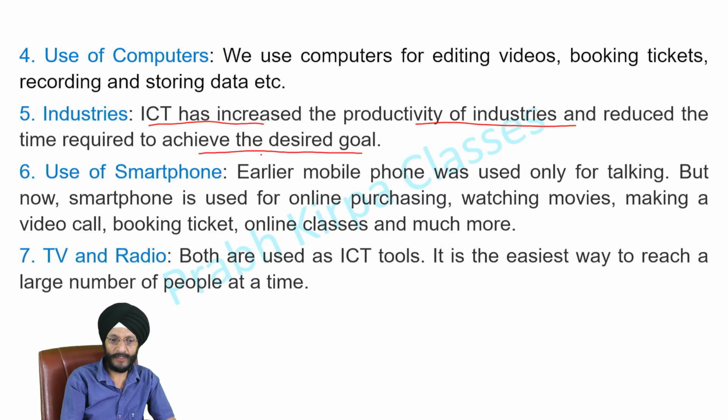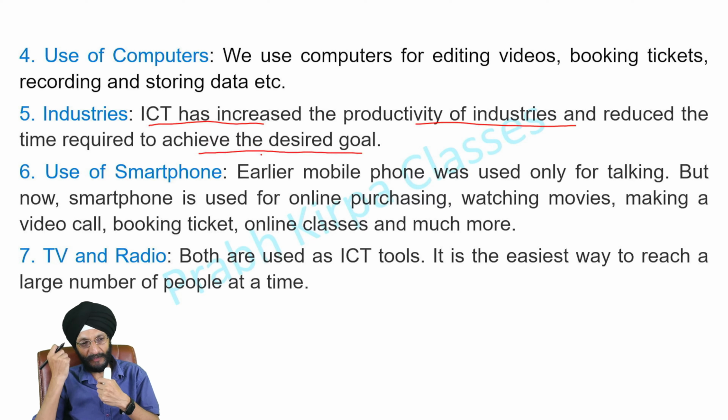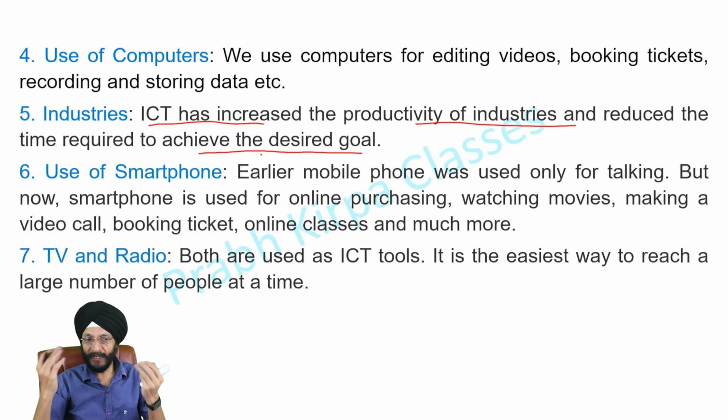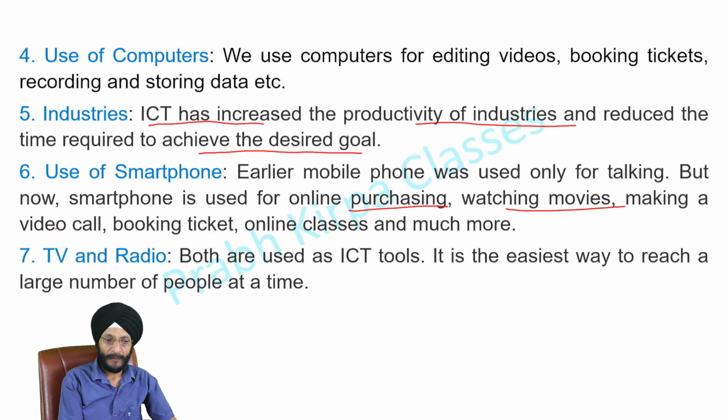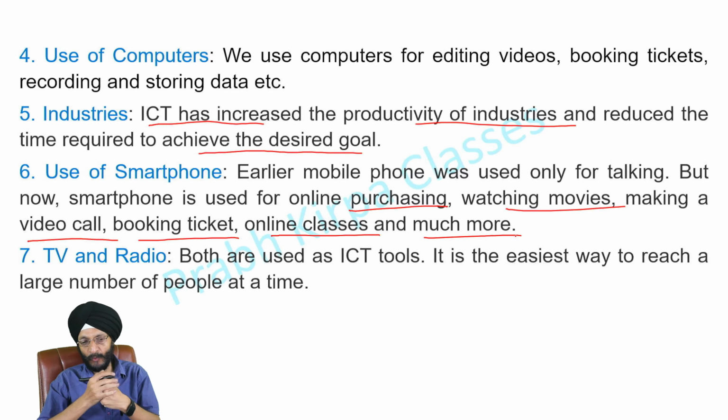Earlier, the smartphones were used only for talking. Now, smartphone is used not only for talking, it is being used for a large number of purposes. We can use the smartphone for online purchasing, watching movies, making a video call, booking tickets, online classes, and much more.